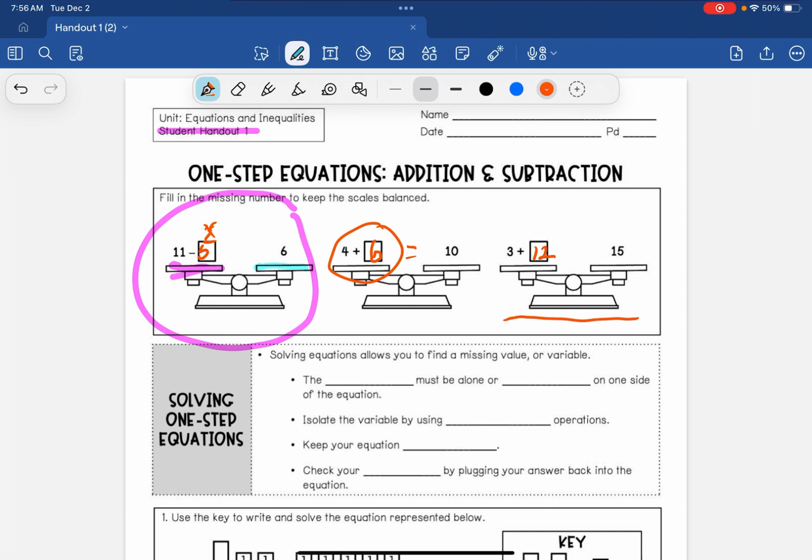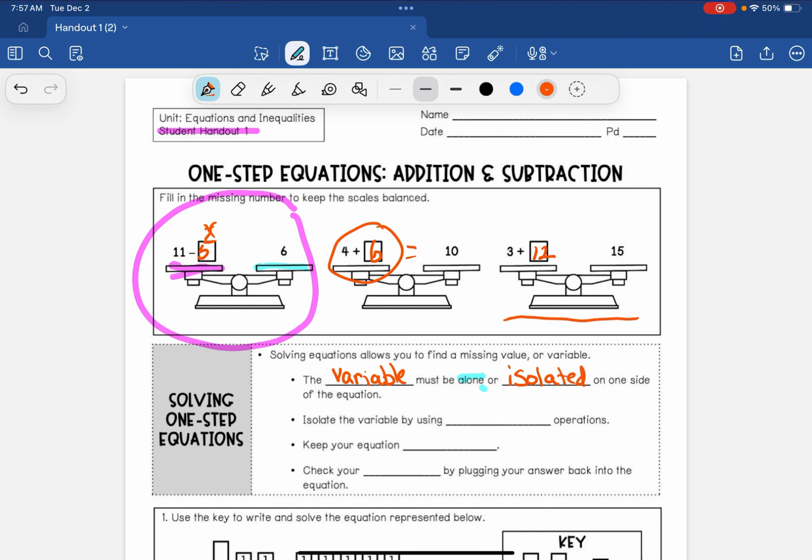In order to do that, the variable must be alone, or another word for alone in math problems, we're going to say we're going to isolate it on one side. So when you're isolated, you're alone.